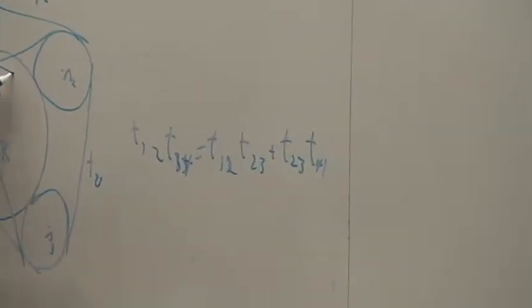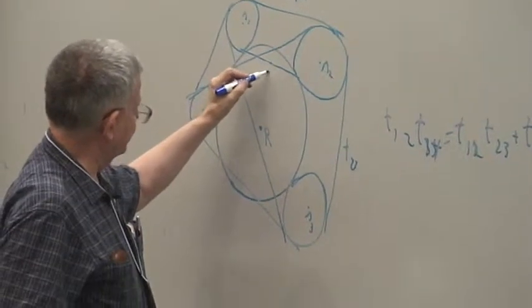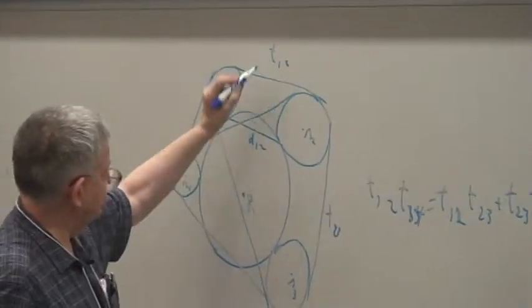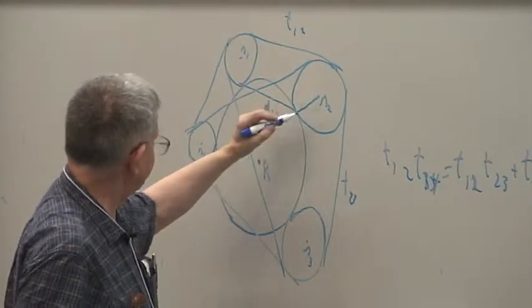And one way of proving that is to draw in this line and find a formula for D1,2 in terms of T1,2 and the radii of these 2 circles.